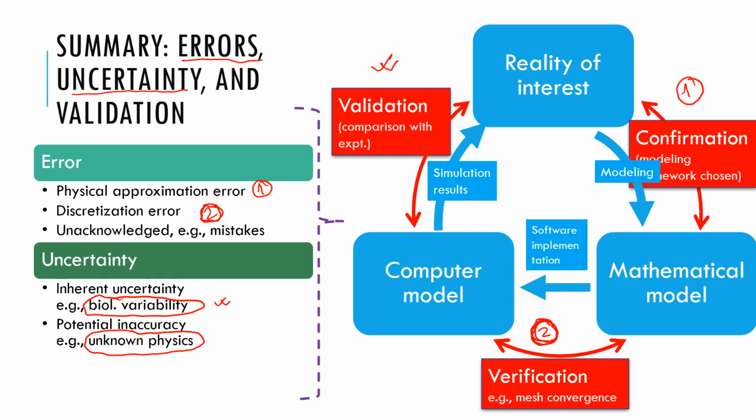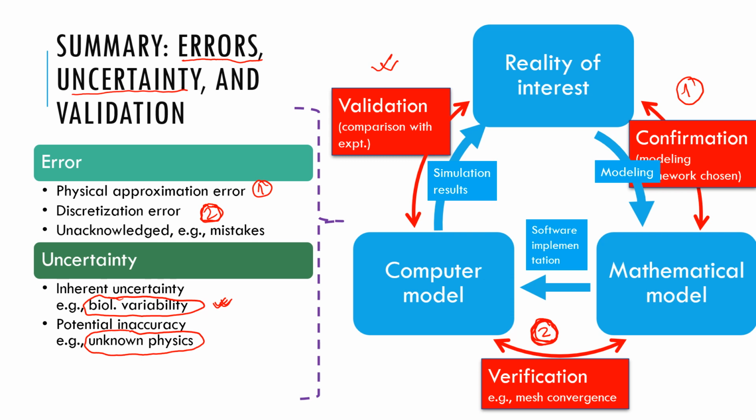For uncertainty due to biological variability, this one here, the model has to deal with it. So the way we do this is by doing sensitivity analysis, and details of that sensitivity analysis have been described in a different video.